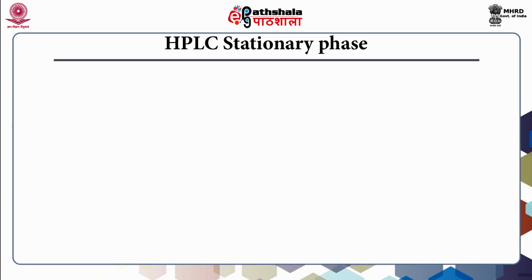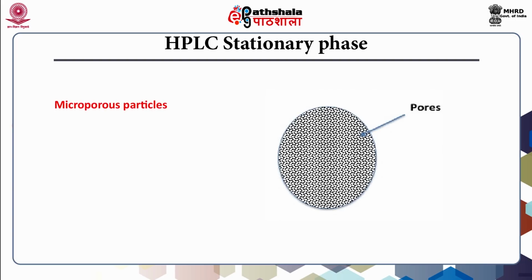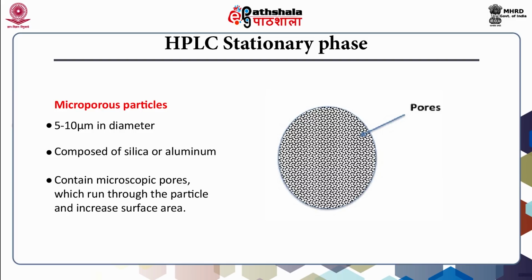You can see in this slide the microporous particle looks like a very round spherical particle containing so many pores on its surface. So, this is a microporous particle. Its diameter is 5 to 10 micrometer, and these particles are mainly composed of silica or aluminum, and they contain microscopic pores.